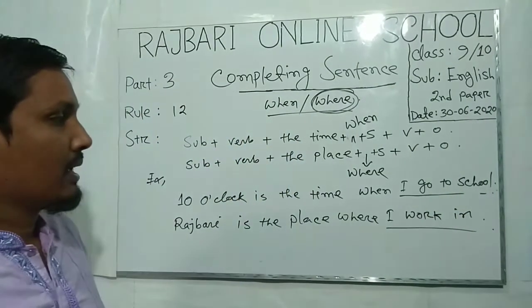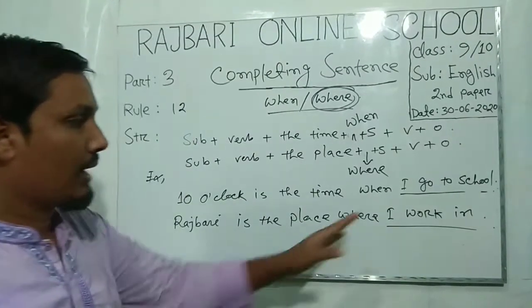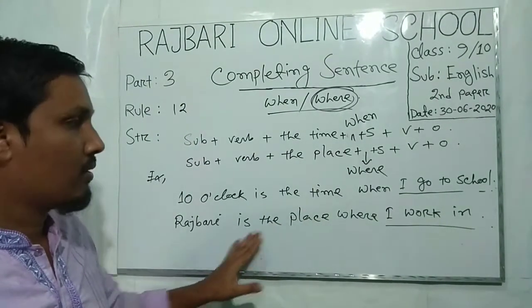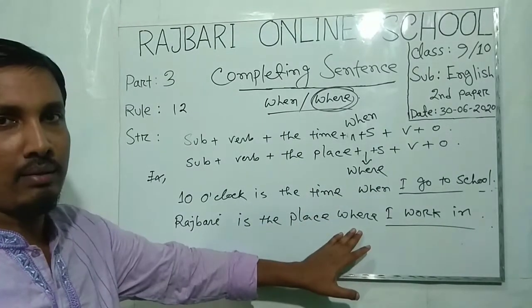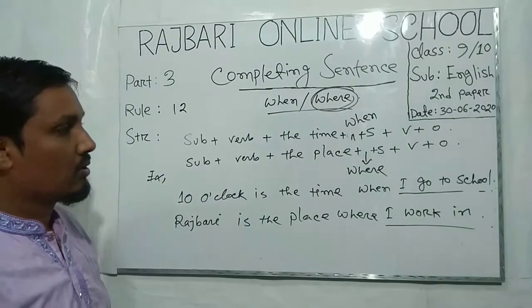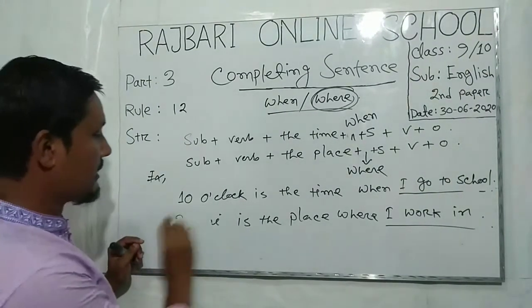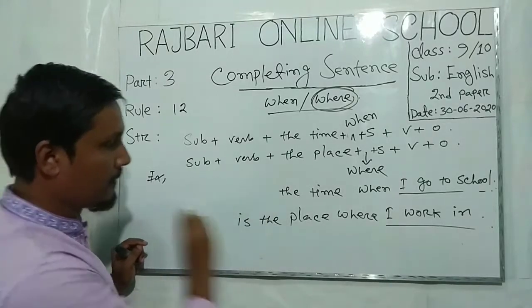Okay, I have written two types of sentence here according to the structure when and where. I hope you have understood two rules about when and where. Let's start another rule.